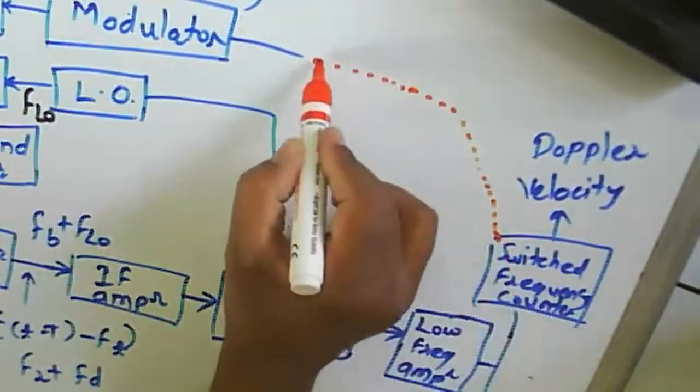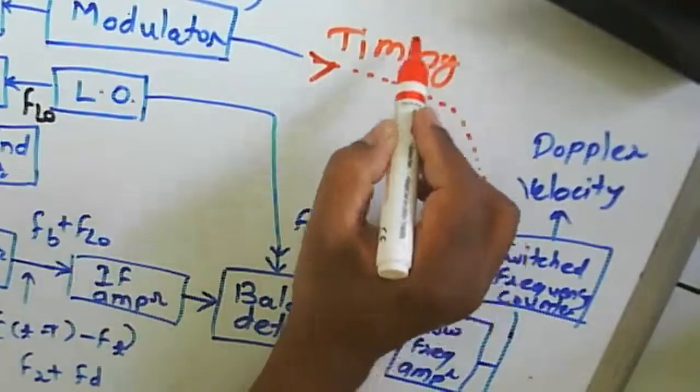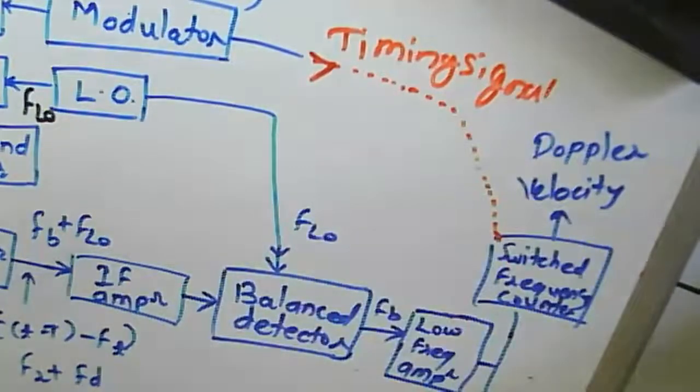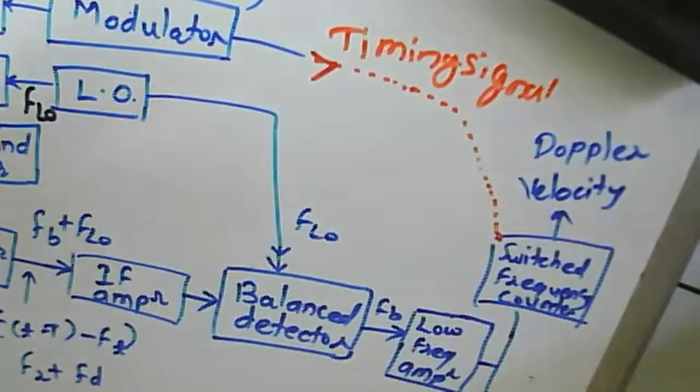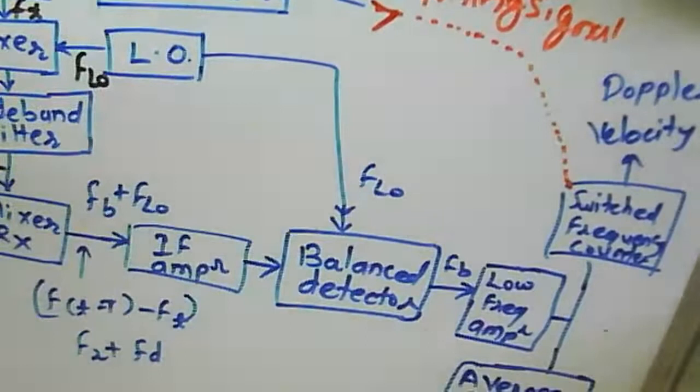So this is about your timing information. This is about a timing signal. Okay, so that timing signal is used to find out the velocity.